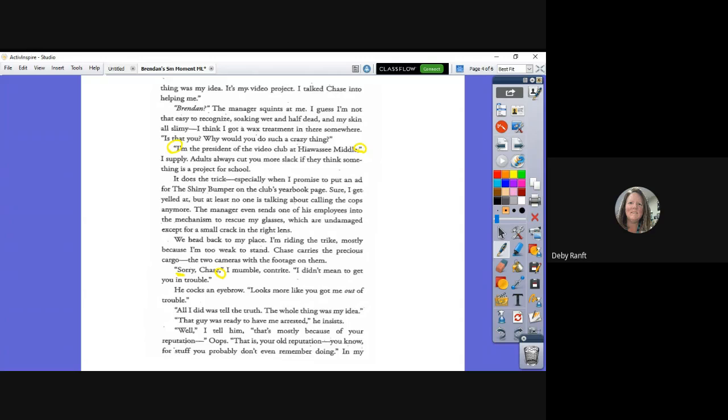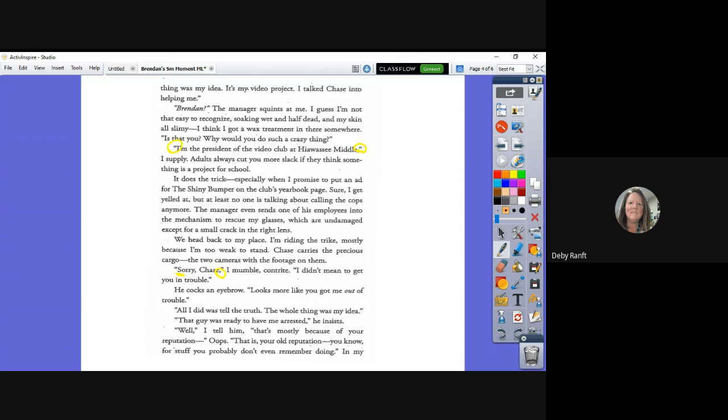"Adults always cut you more slack if they think something is a project for school." It does the trick, especially when I promise to put an ad for the shiny bumper on the club's yearbook page. Sure, I get yelled at, but at least no one's talking about calling the cops anymore. The manager even sends one of his employees into the mechanism to rescue my glasses, which are undamaged, except for a small crack in the right lens.